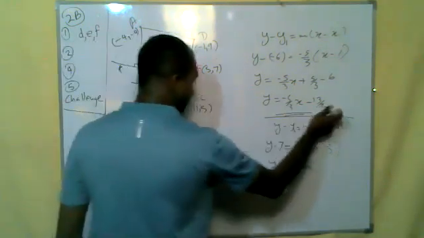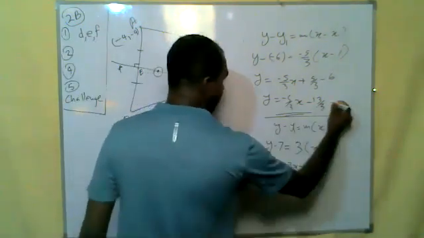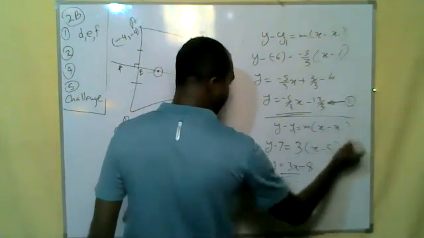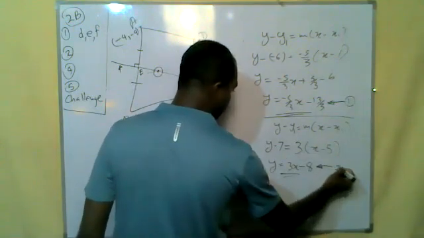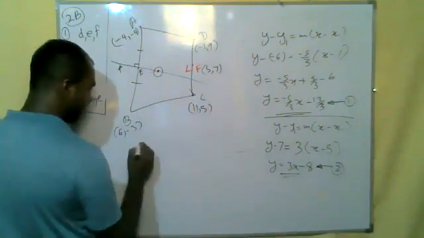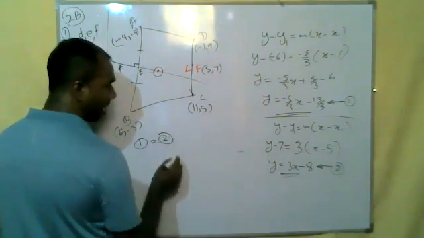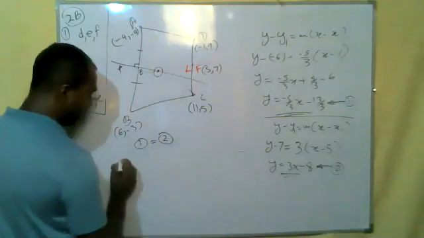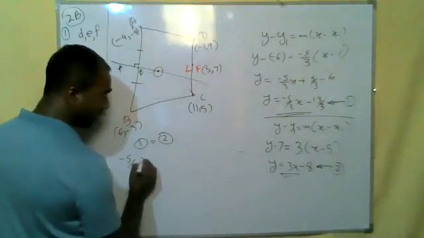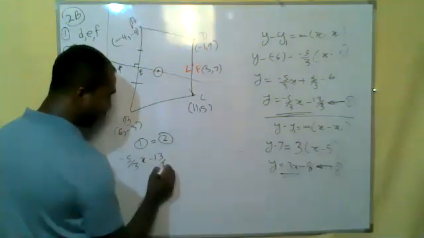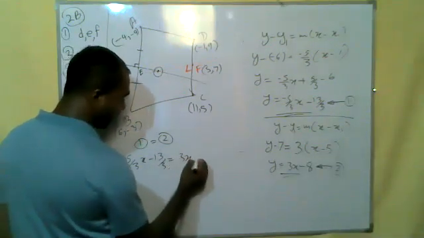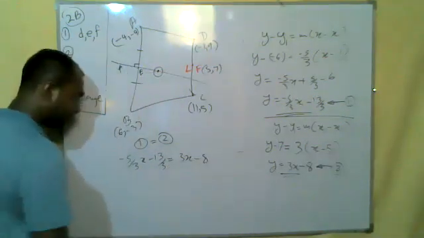So it's the same thing. y equals this one, y equals this one. So I can equalize these two equations, no? At these meeting points, the y values should be equal. So I can write minus 5 over 3 x minus 13 over 3 equals 3x minus 8.